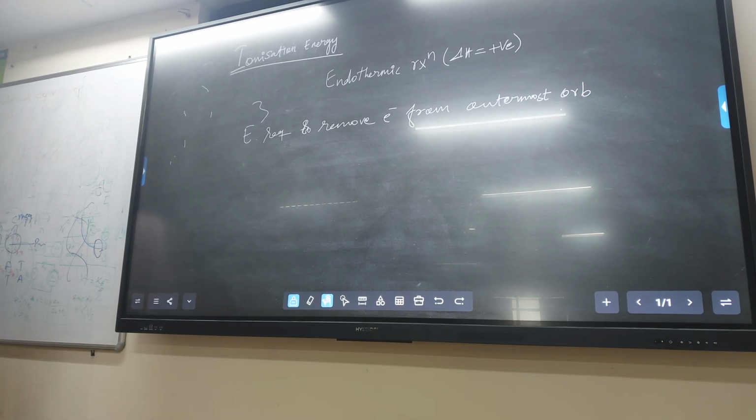The energy required to remove the electron from an isolated atom in the gaseous phase, from the outermost orbital.